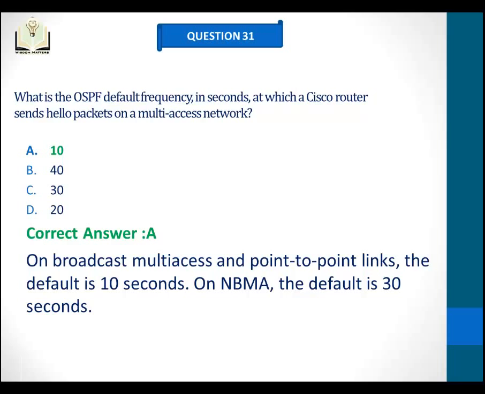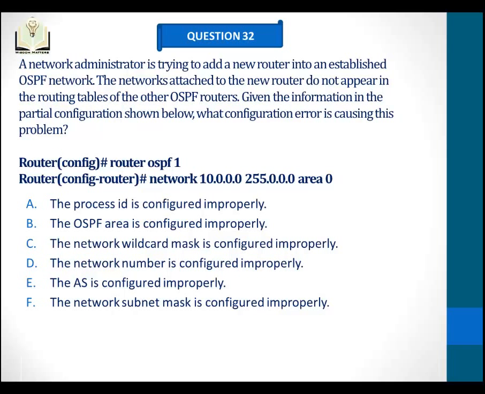Question number 32. A network administrator is trying to add a new router into the established OSPF network. The networks attached to the new router do not appear in the routing tables of the other OSPF routers. Given the information in the partial configuration shown below, what configuration error is causing this problem? A. The process ID is configured improperly. B. The OSPF area is configured improperly.